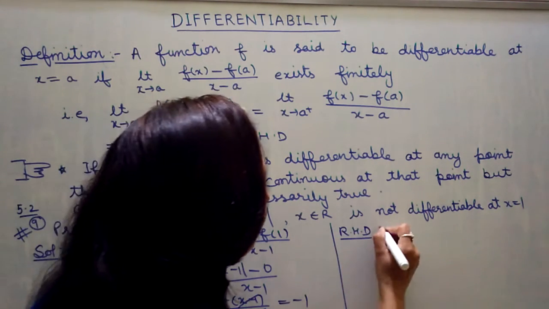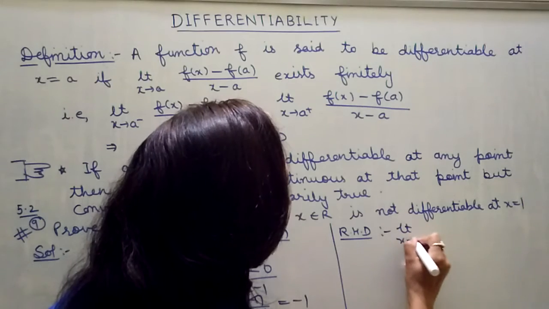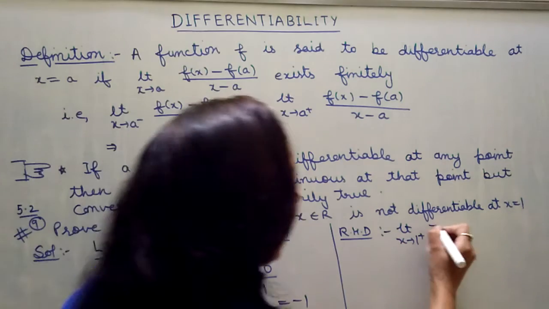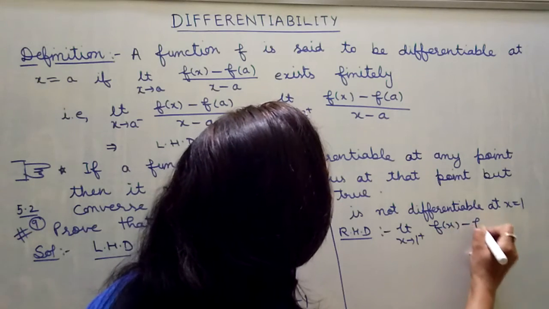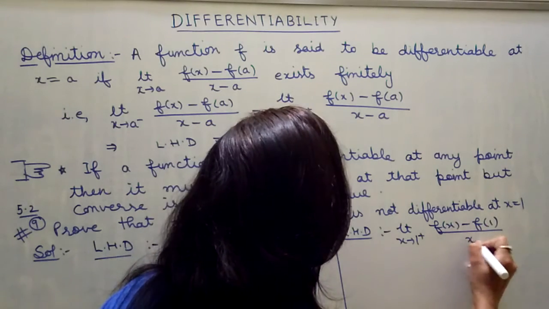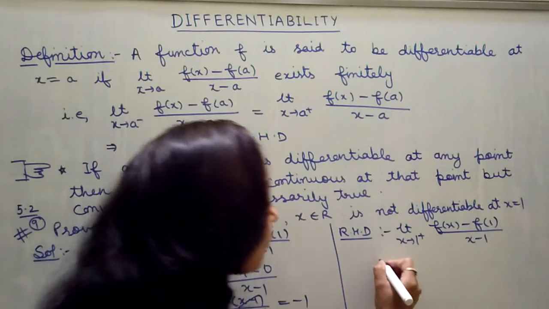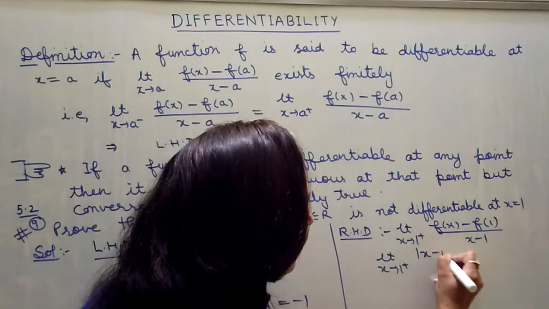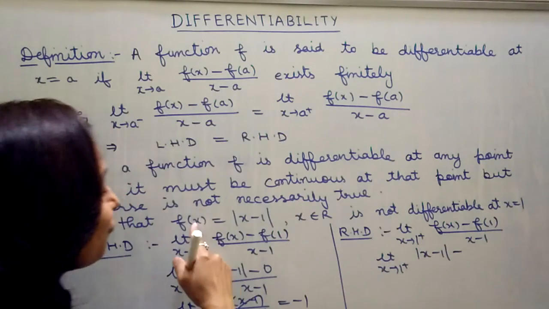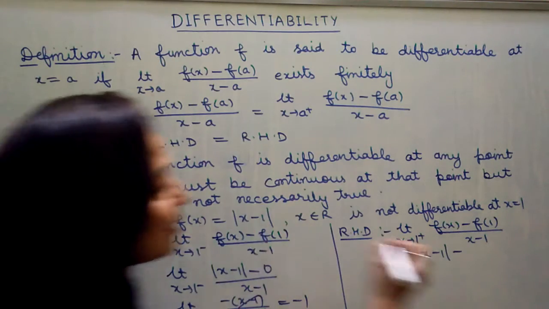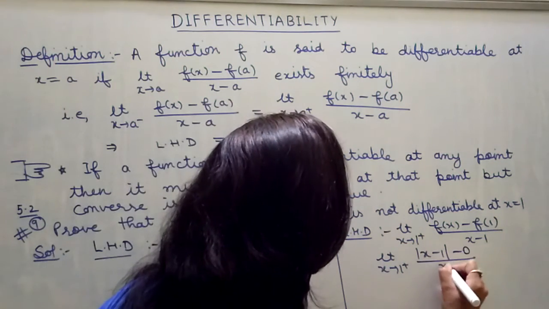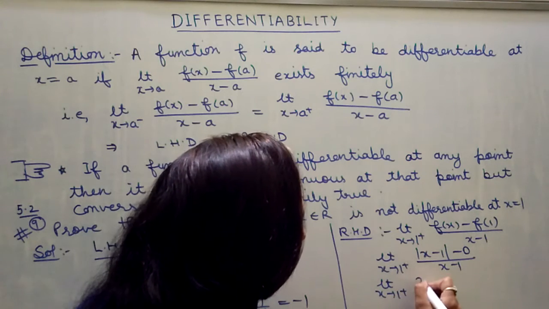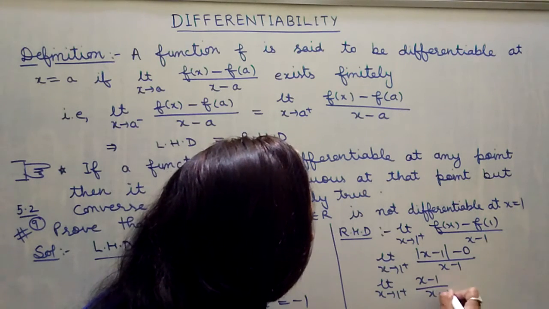Now come to the right hand derivative. I will take limit x approaches 1 positive of f(x) minus f(1) upon x minus 1. For the limit 1 positive, the function is the same. Putting 1 in place of x, 1 minus 1 is 0 upon x minus 1. Limit x approaches 1 positive, it equals x minus 1 upon x minus 1.